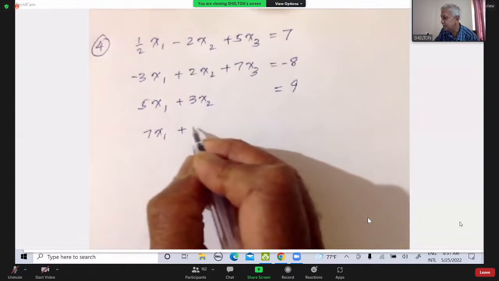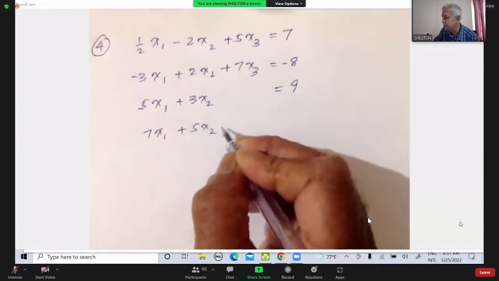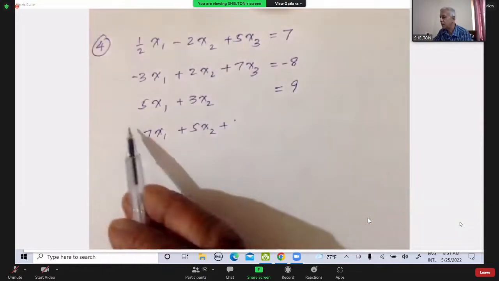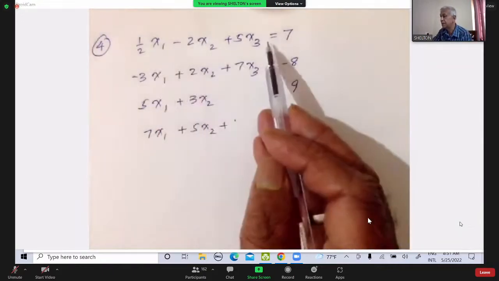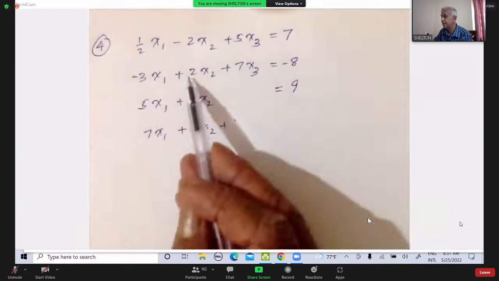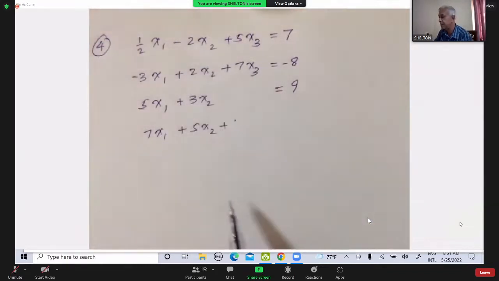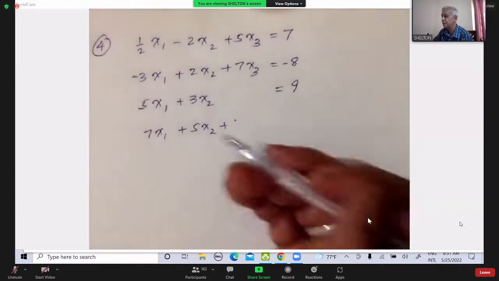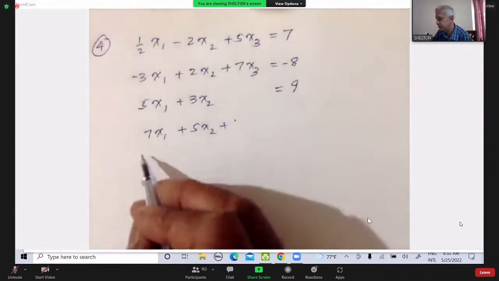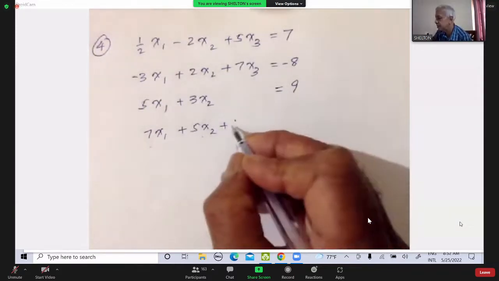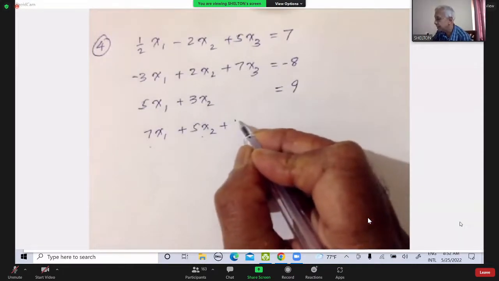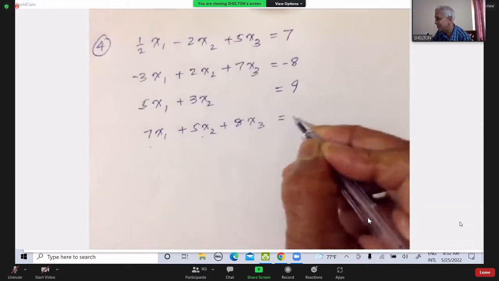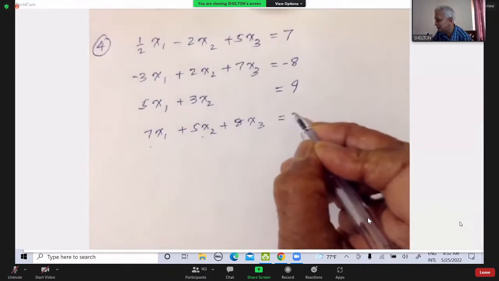7x1 plus 5x2 plus, now you might say, oh, no, it's enough, x1, x2, x3, you have given three variables, three equations. No, you can, just to make a point, 7x1 plus 5x2 plus 8x3 is equal to 25.